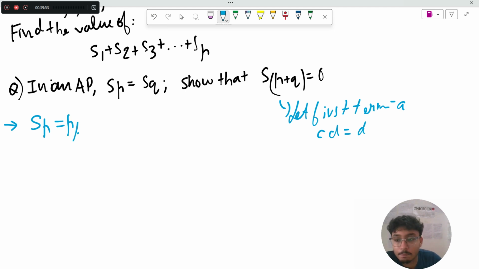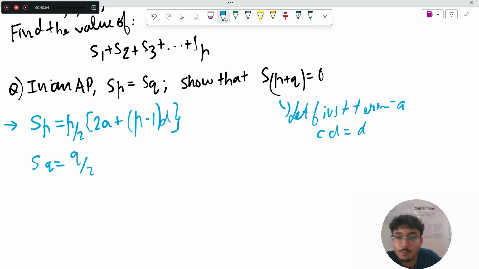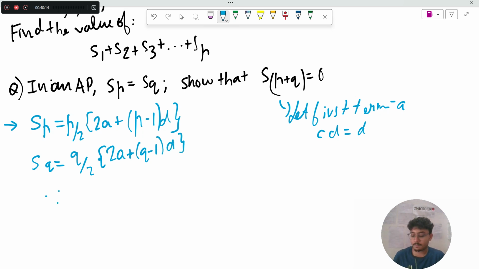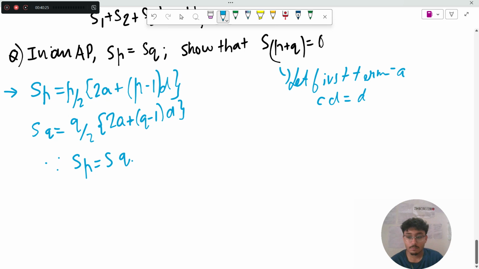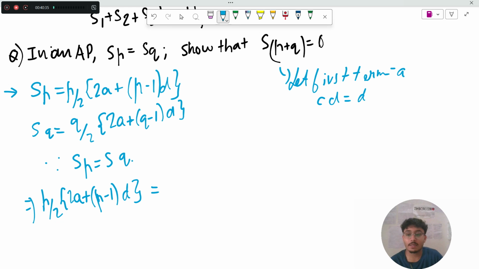It would be P by 2 into 2A plus P minus 1 into D. Similarly, the summation of Q terms would be Q by 2 into 2A plus Q minus 1 into D. Since SP is equal to SQ, then P by 2 into 2A plus P minus 1 into D is equal to Q by 2 into 2A plus Q minus 1 into D.